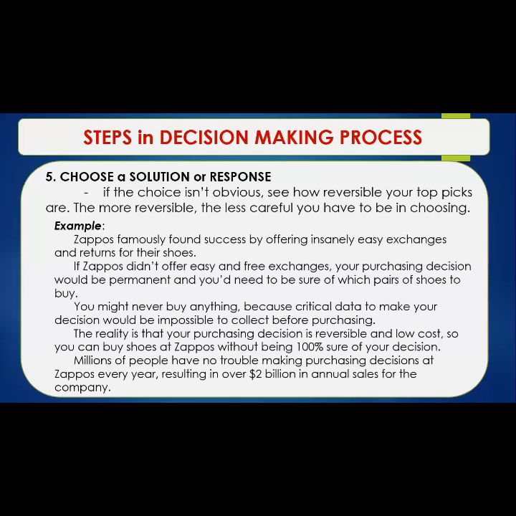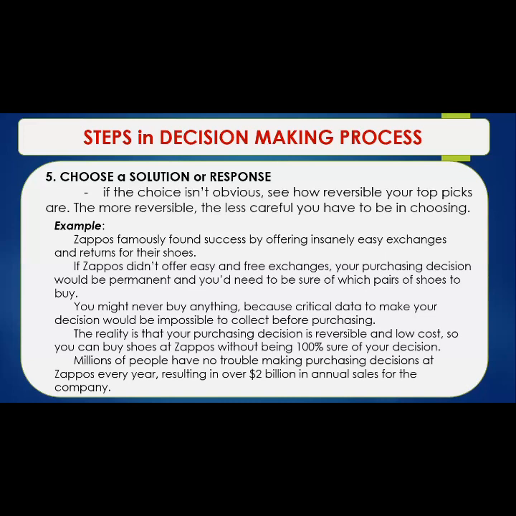Now, remember that choosing is an art, right? Since there is almost never a silver bullet solution that guarantees success at no cost, which is actually correct. Now, how carefully you choose should be driven by how reversible the choice is.